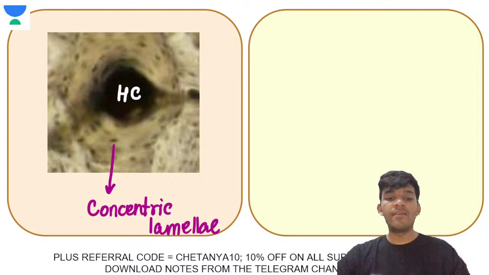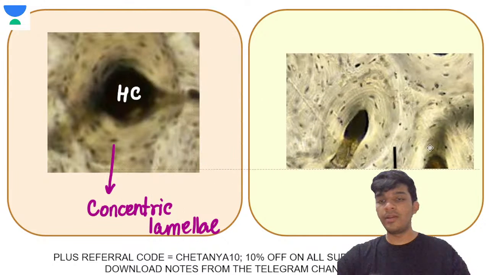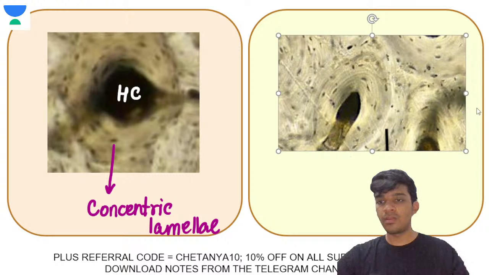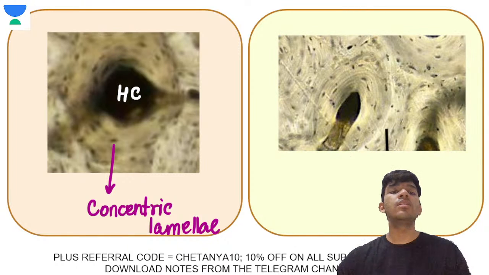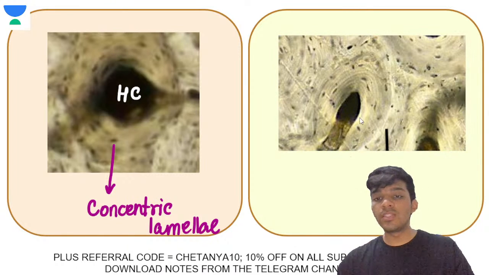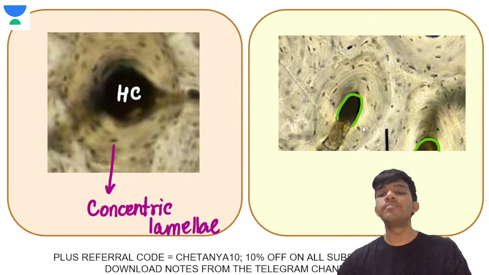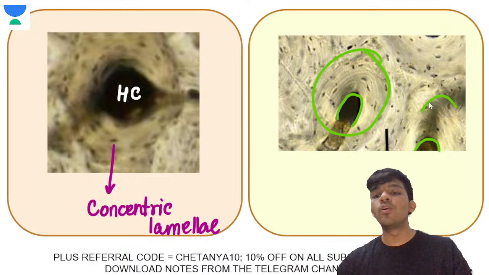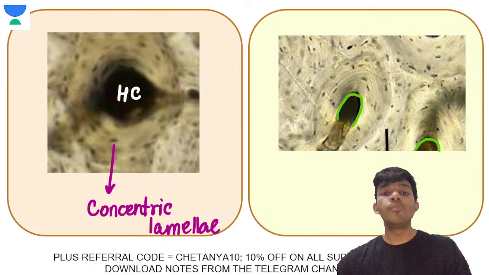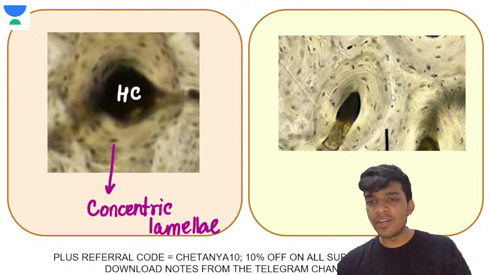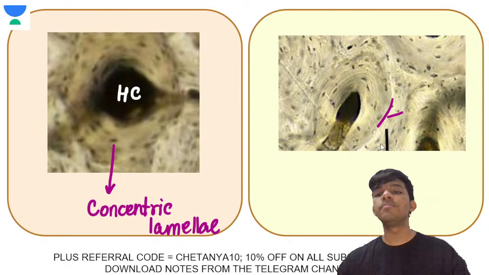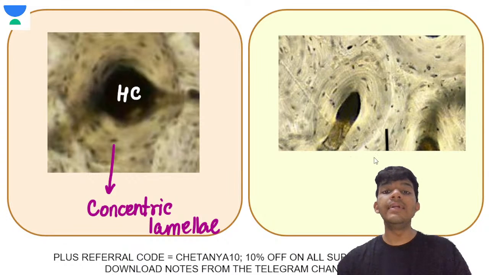Okay, now I have a slide with a pointer, where my focus is on interstitial lamella. So you can make out this is one Haversian canal, this is one Volkmann's canal that is going here. This is a Haversian canal, and here also you have a Haversian canal in the slide. Now these are two different osteons with their own circumferential lamellae. So between the circumferential lamellae, let's say they are going till here, this region is what? This is interstitial lamella.